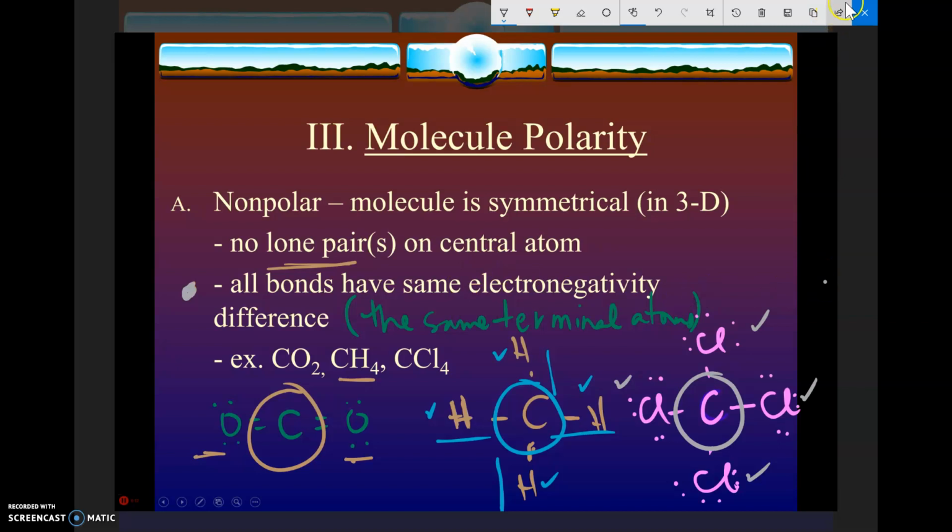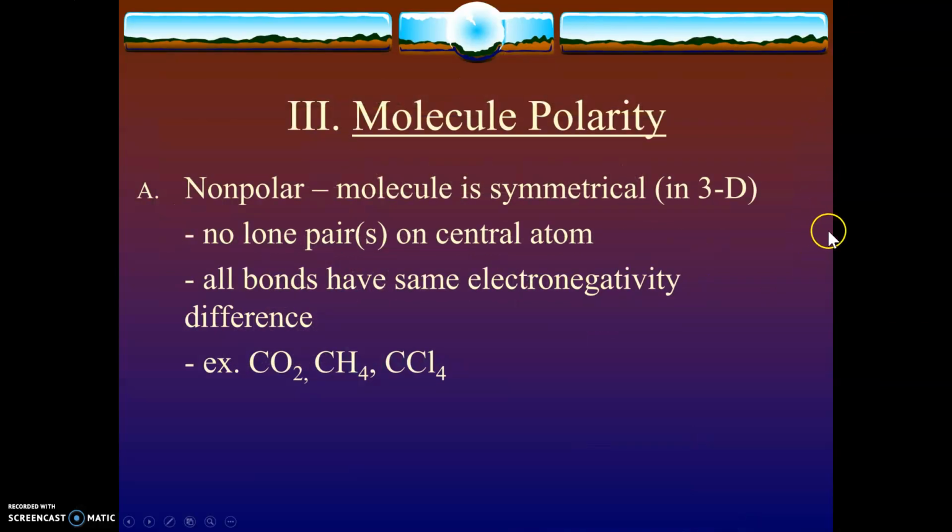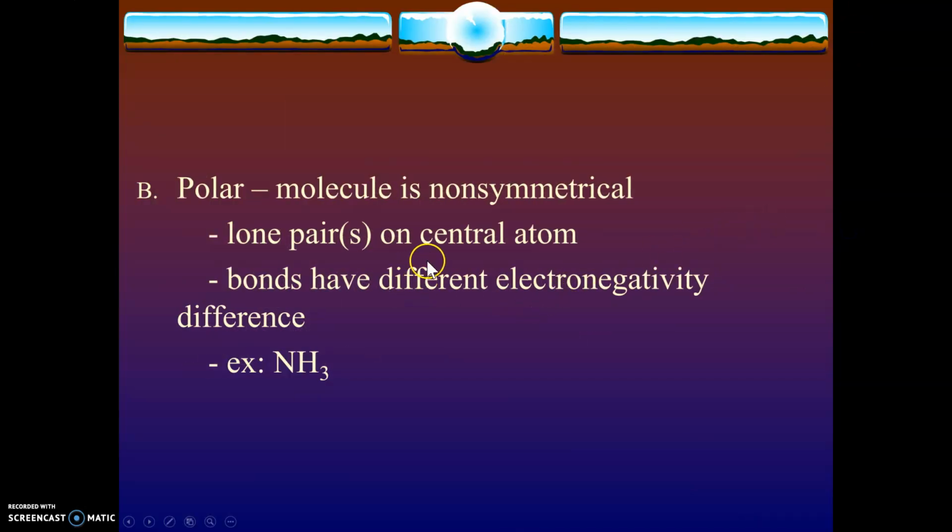Okay, let's look at our next type of molecular polarity, which is polar. Polar is when it's non-symmetrical. So you have to remember that when we're talking about this, we're talking about it in terms of 3D. So it's really hard to visualize in a 2D world as far as paper and pencil. But if you look at a molecule or think about it in 3D, then it makes a lot more sense.